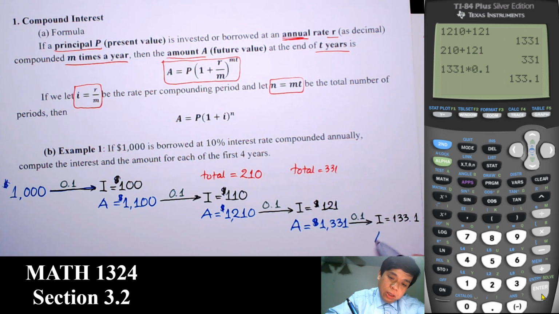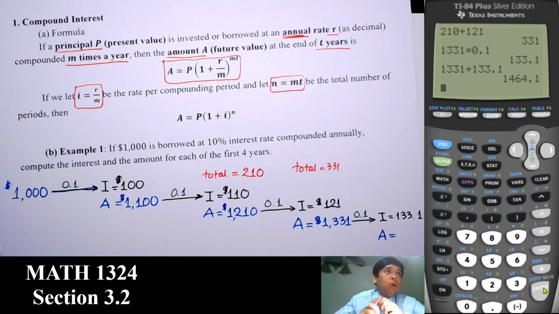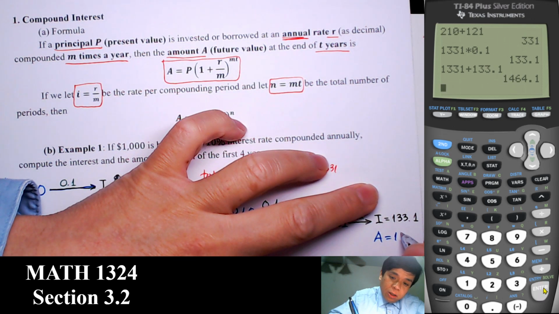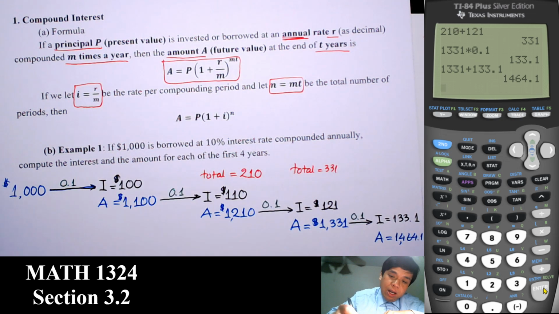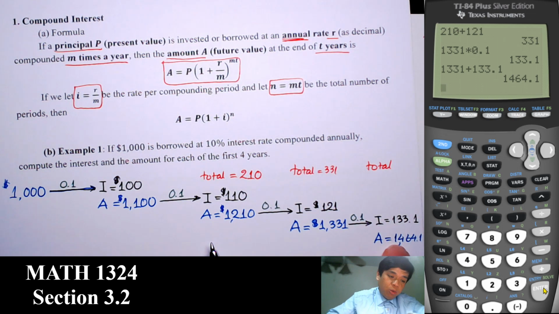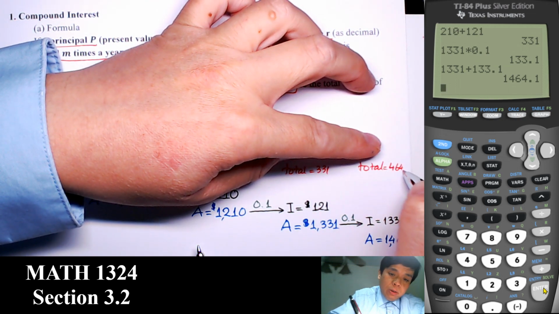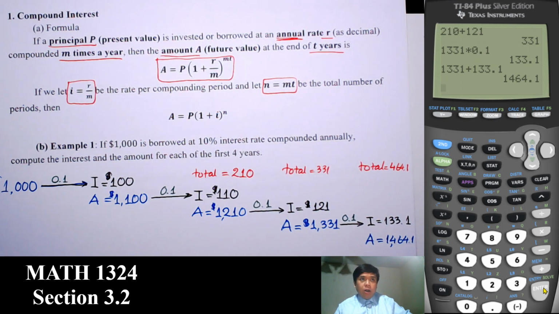And the amount will be the previous amount plus the interest for that year, 1,464.1. And the total interest, of course, we just subtract the beginning back, or we add all the interest for every year, 464.1. So this is compound interest.